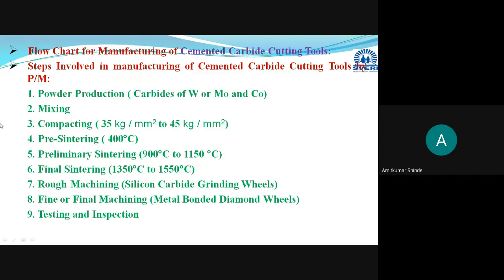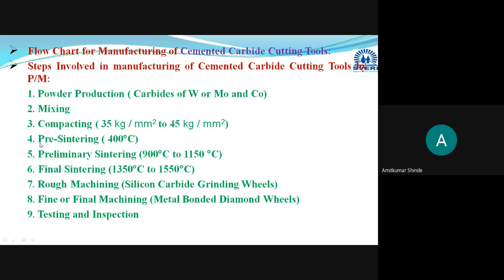Okay, then after the compacting, you have to do the pre-sintering operation at 400 degrees Celsius for half hour to 2 hours. Why are you performing this pre-sintering operation? You have added some lubricants in this process, that is camphor in ether, or glycerin in alcohol, or paraffin wax in the petrol.